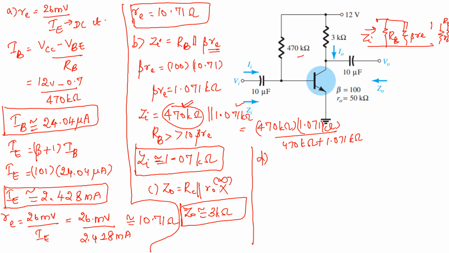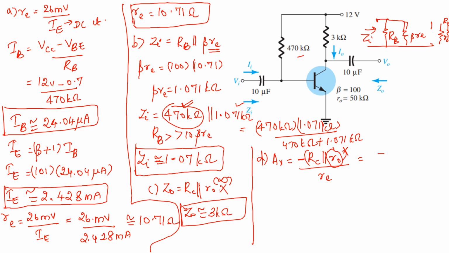Okay. Now the next one is D part. D part, you have to find out the value for gain. What's the value for your gain? Minus RC parallel to R0 divided by small re. So here R0 is considered as infinite, right? So you can neglect R0.